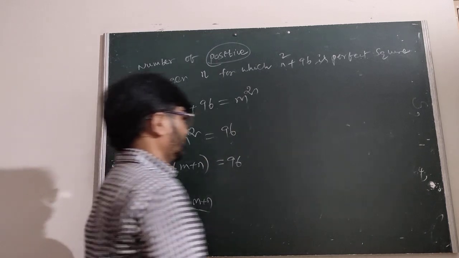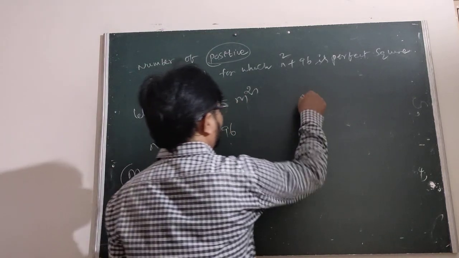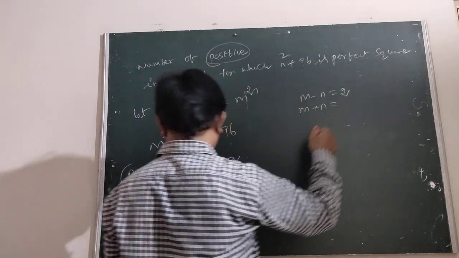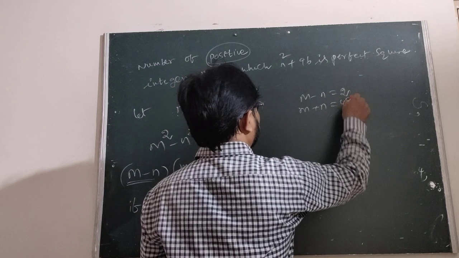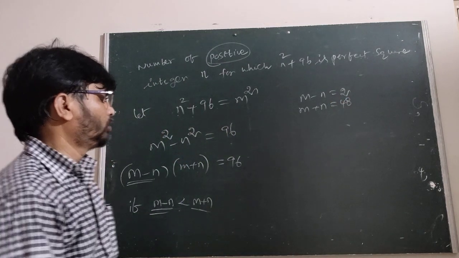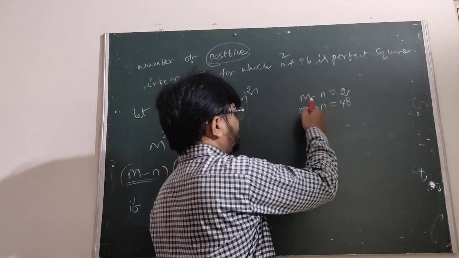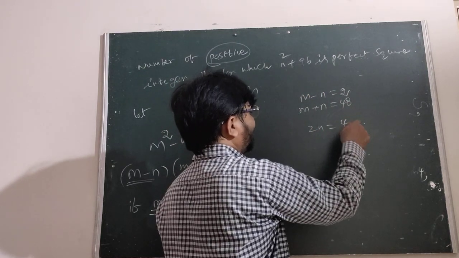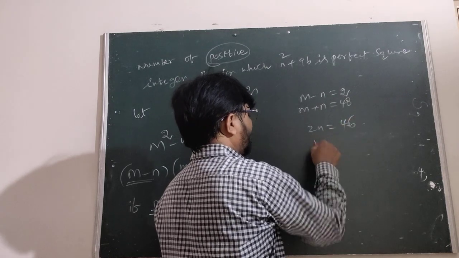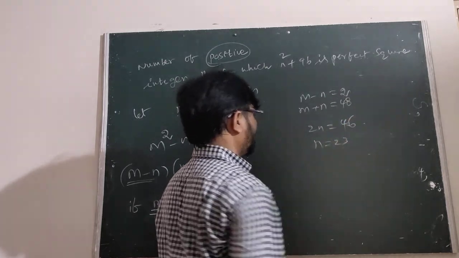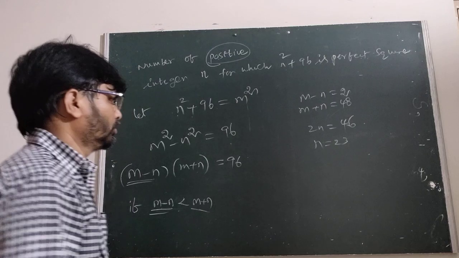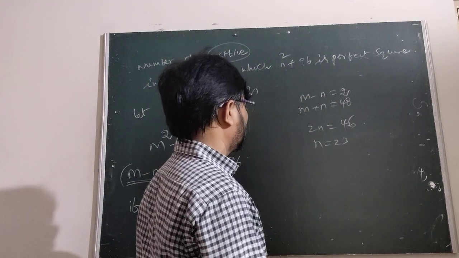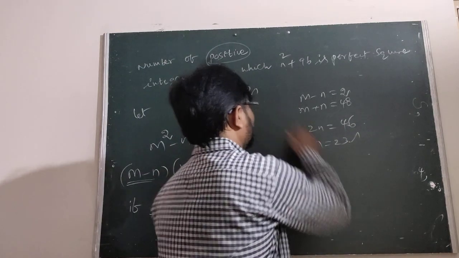For example, taking m minus n as 2 and m plus n as 48, subtracting gives 2n equals 46, so n will be 23. This is case 1.